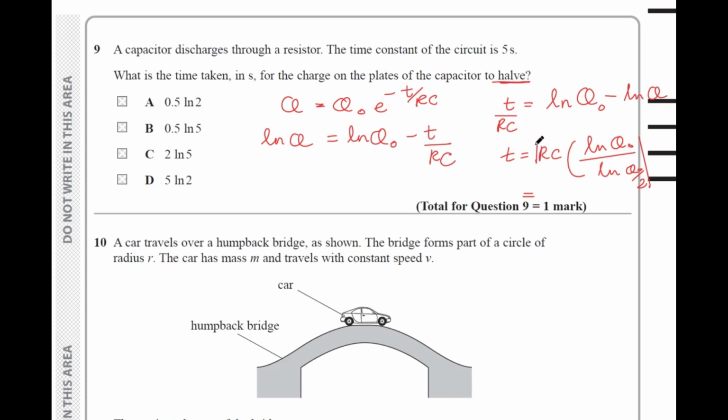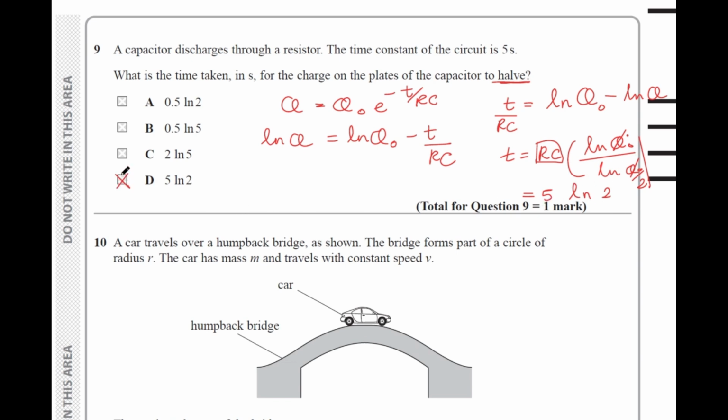So the RC value they had already given, it's 5. So 5 into ln, now Q naught gets cancelled, and ln 2. When you simplify this, it's 5 ln 2.